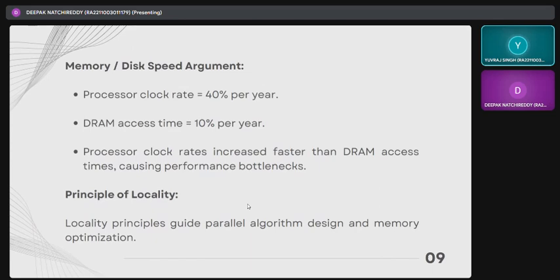To overcome this, designers used the principle of locality. Programs reuse the same data and instructions frequently. The principle helped design caches and guide parallel algorithms and memory optimizations.